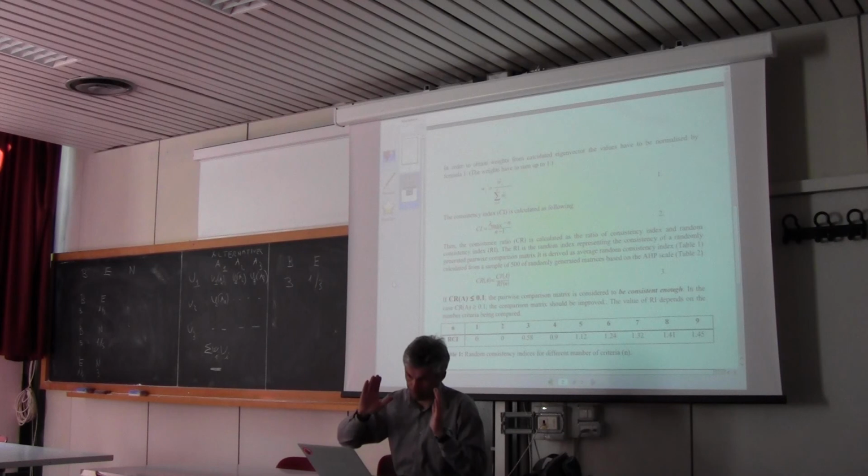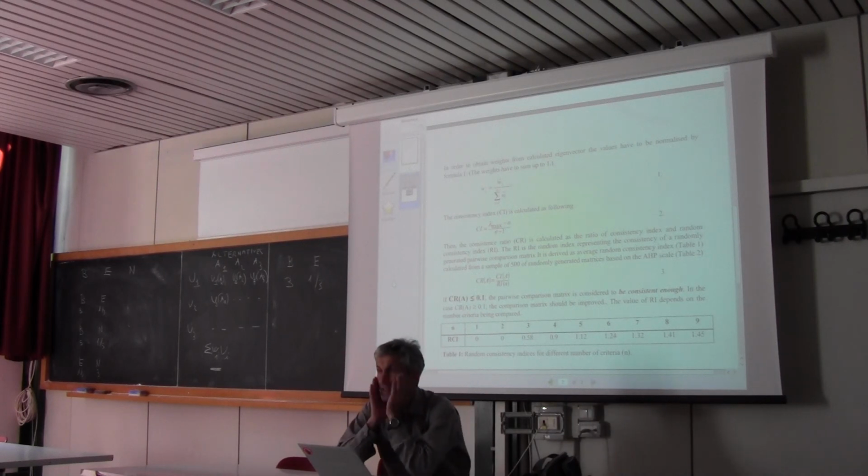Then you can get the maximum value of the eigenvalues. It can be proved that if you had a perfectly consistent matrix, the maximum eigenvalue would be equal to n.